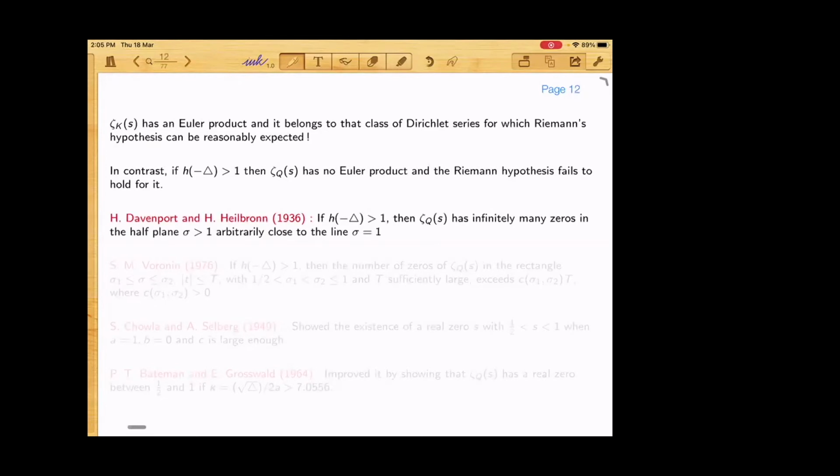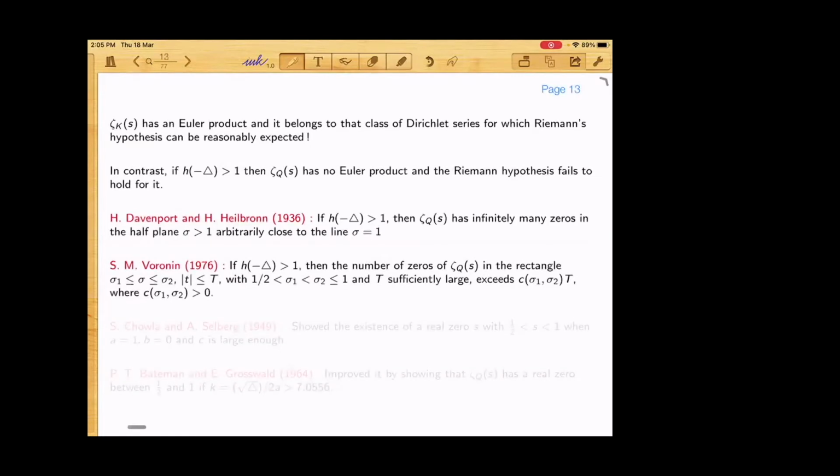In fact, Davenport and Heilbronn in '36 had shown that if the class number is bigger than 1, then it has infinitely many zeros to the right of the line 1. So s will always be sigma plus it, where sigma is the real part of s.